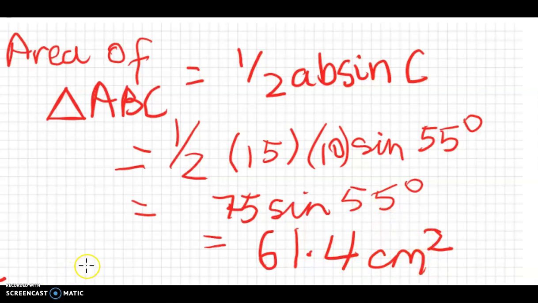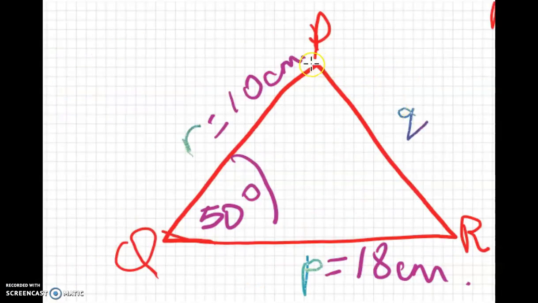You may wonder, do all scalene triangles fit into this formula, a half ab sine C? What about a triangle with vertices P, Q, and R? In this triangle PQR, we label the sides: small p, small q, and small r. What do we know?